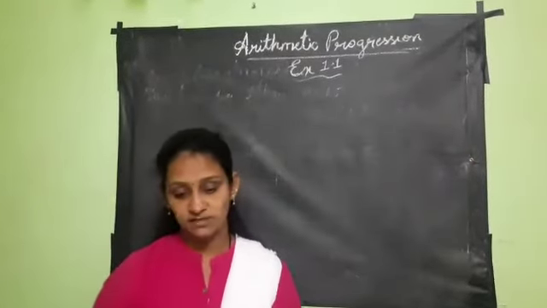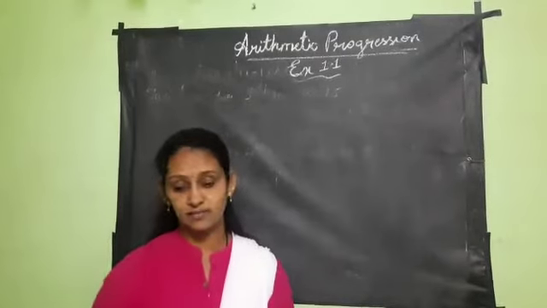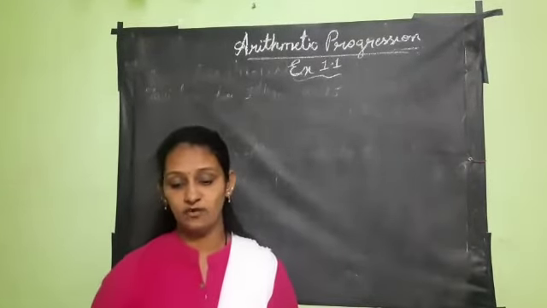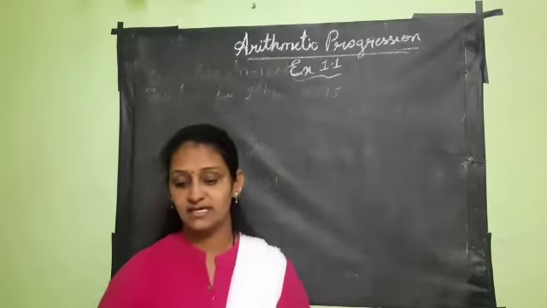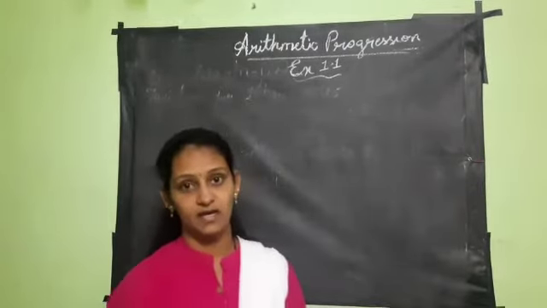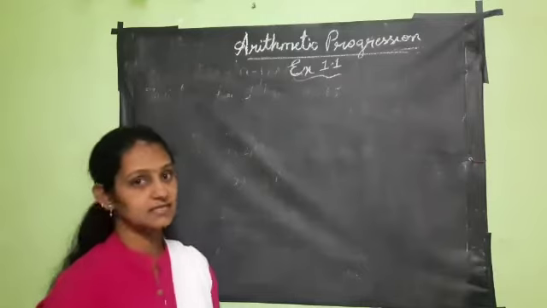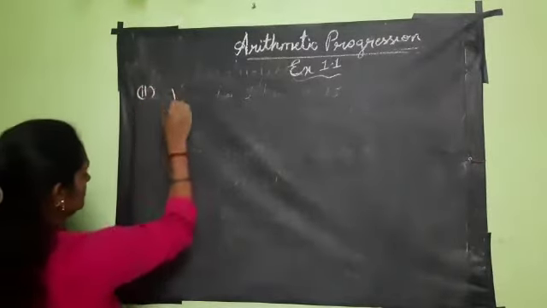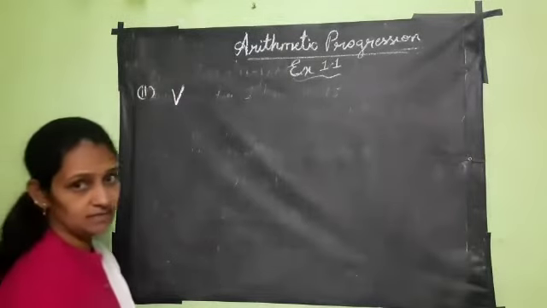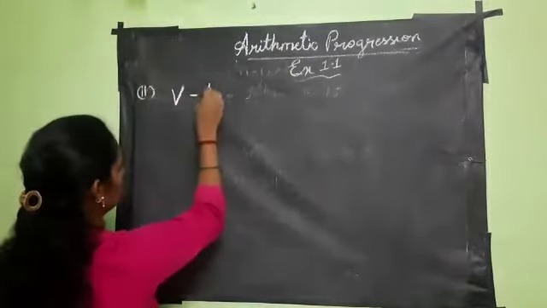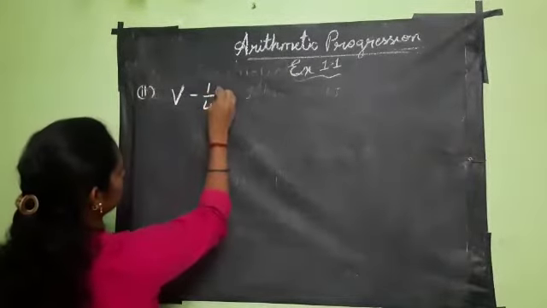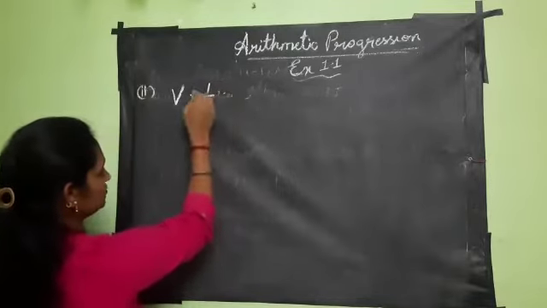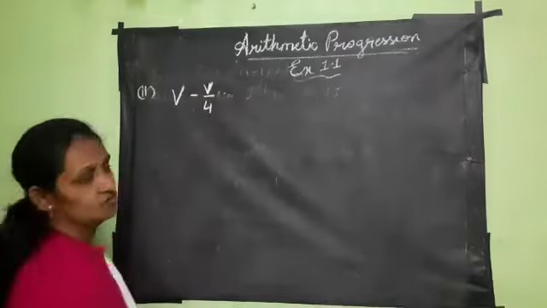So, the second question, the amount of air present in a cylinder when a vacuum pump removes 1/4 of the air remaining in cylinder at a time. So, amount of air present in a cylinder means volume of the air. We can say V. So, for the first time it removes 1/4 of V. So, we can write V minus V by 4.